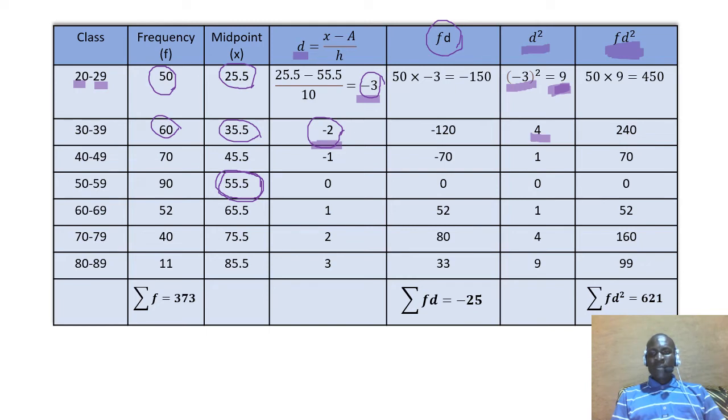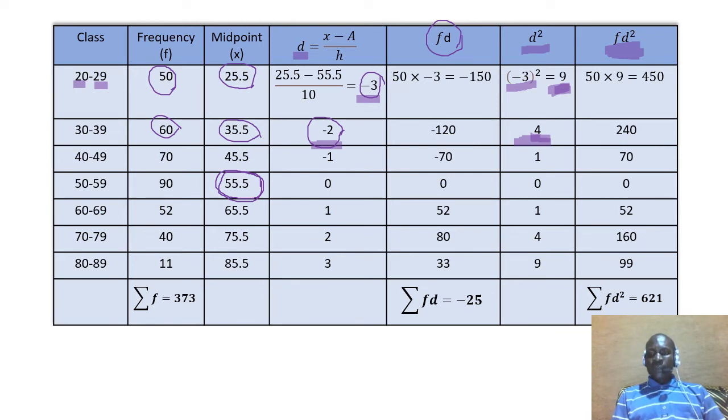Now, 50 times 9 is 450, as you can verify with your calculator. Then the next is 60 times 4. I believe you are seeing where 4 is coming from and where 60 is coming from. That gives us 240. Now, I have just explained how we fill all this column.